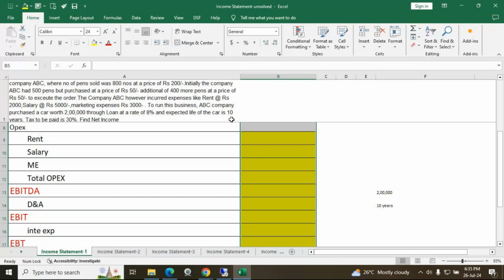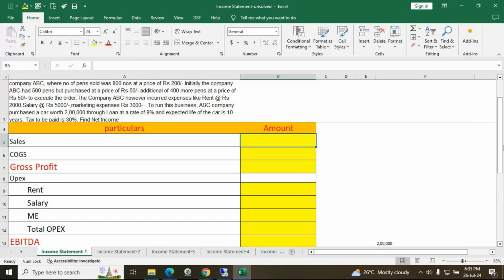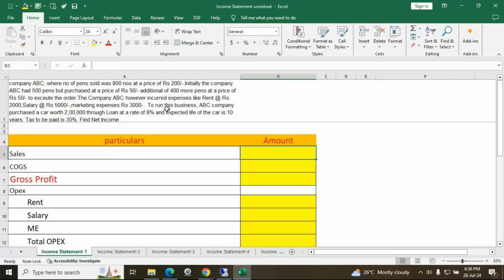Ma'am, done. Okay, now tell me what should I enter for the sales? Company ABC, where the number of pens sold was 800, at a price of rupees 200.